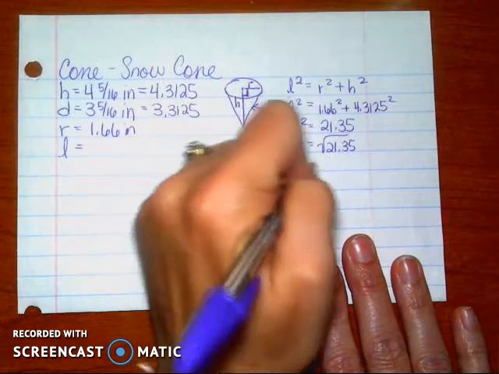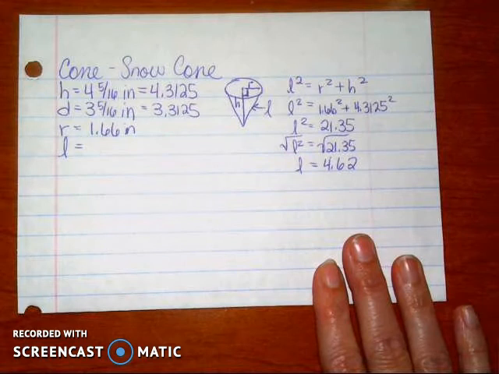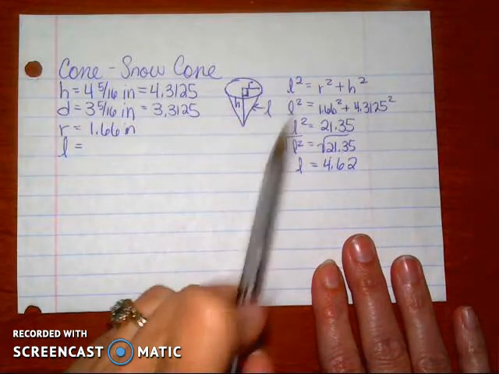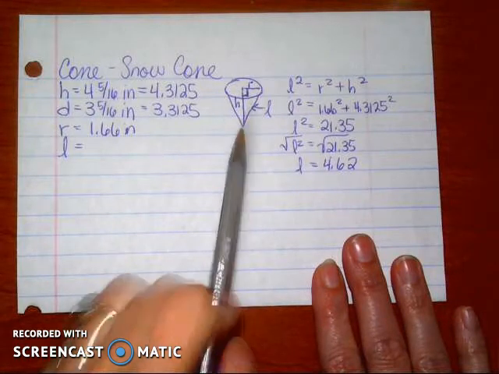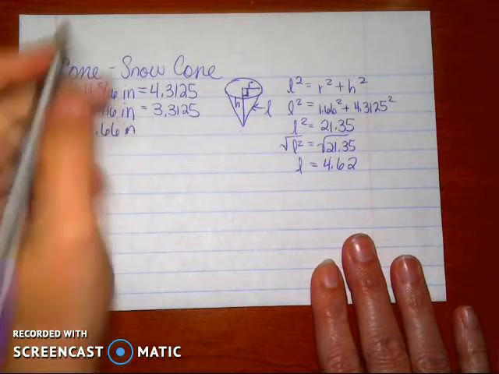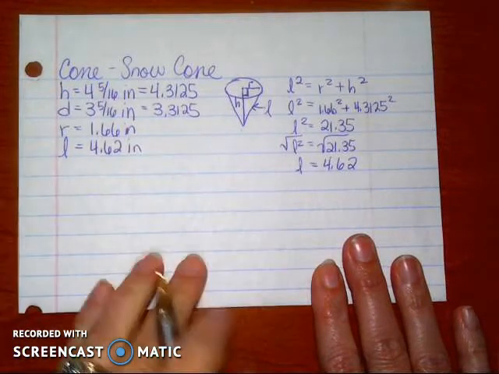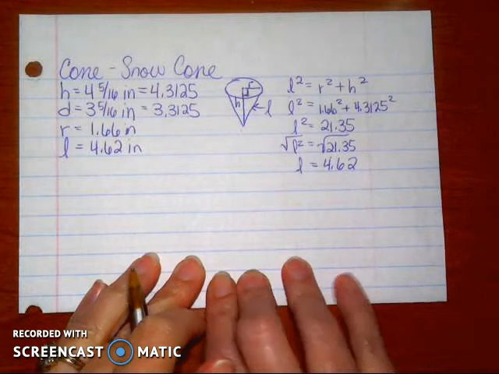So my L is going to be 4.62. So that's how long this piece of the cone is, and again I'm going to use my cursor. That's going to be that piece right there. And I'm going to have that as 4.62 inches since my dimensions were given to me in inches.